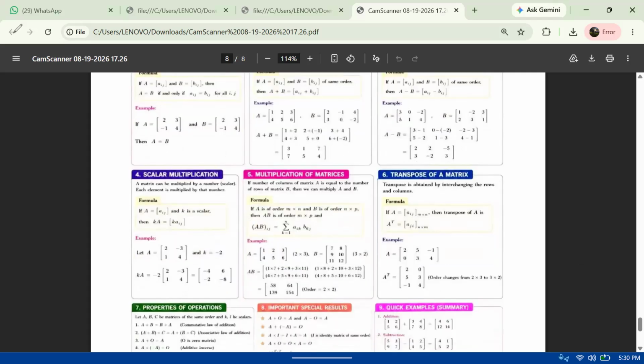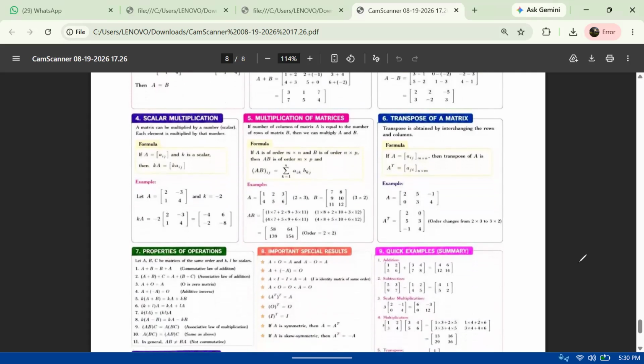Now I will teach you the multiplication of two matrices. So if you have this matrix A and this matrix B, then how can you find the multiplication? I am taking two matrices of the same order, like this is 1 2 3 4, and the other matrix is 5 6 2 1.